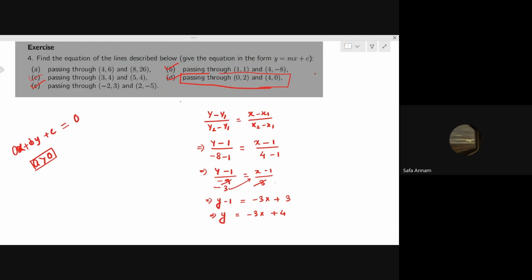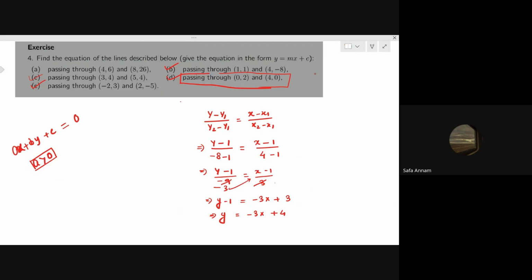Sir, for the y, it is coming y minus 4 by 0, but that's not possible. The points are 3 comma 4 and 5 comma 4. Just simply what you have done here. Sir, I've just substituted the values, I haven't started solving.